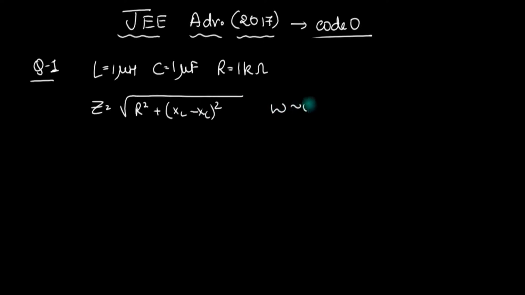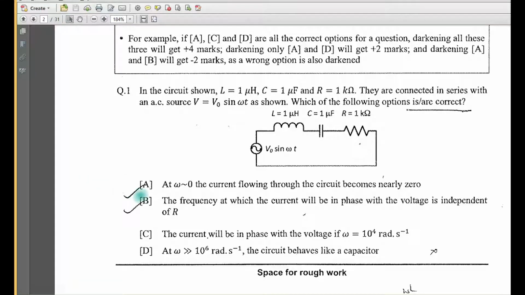When omega is almost 0, XC is almost infinity. So yes, Z goes to infinity. That makes current go to 0. So option 1 makes sense. So A is the correct option.